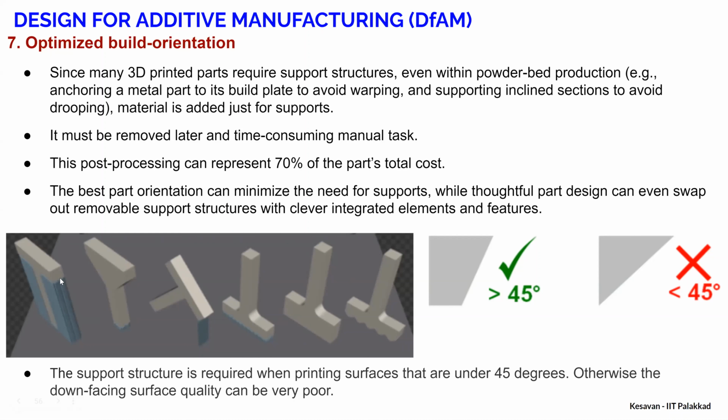For example, this T component can be printed by keeping it vertically like this, or at an angle, or inverted, or you can have multiple designs. One of the important considerations is to choose the orientation such that only a minimum amount of support structure is used.